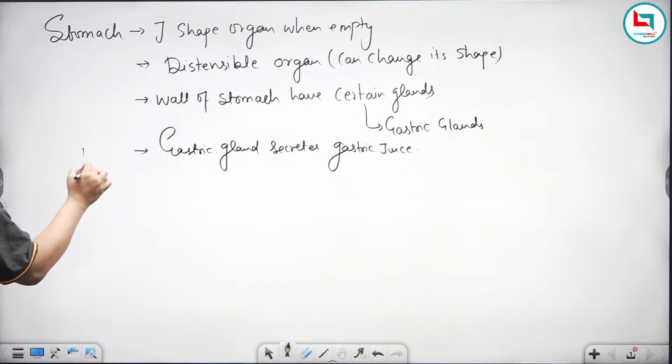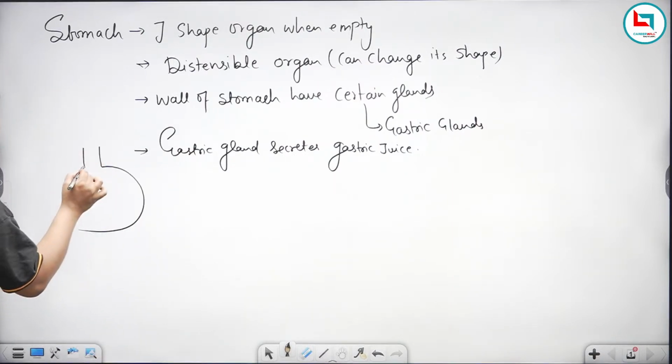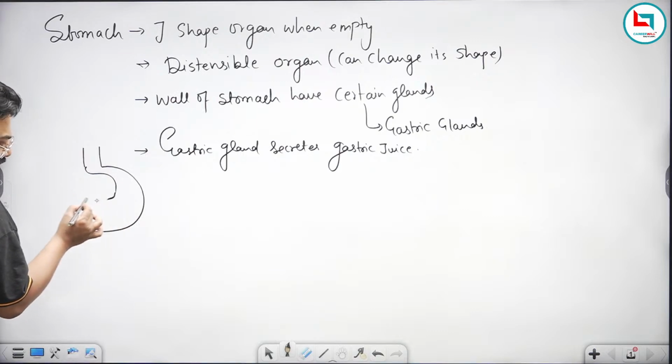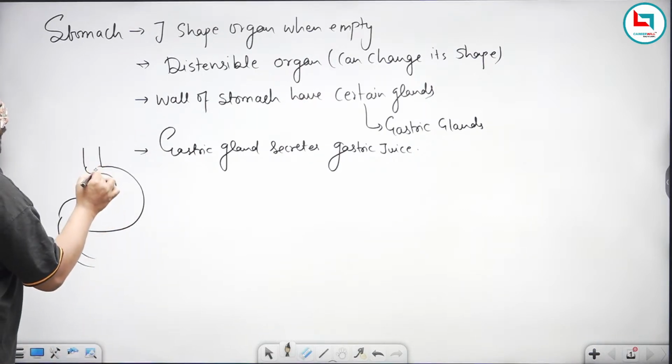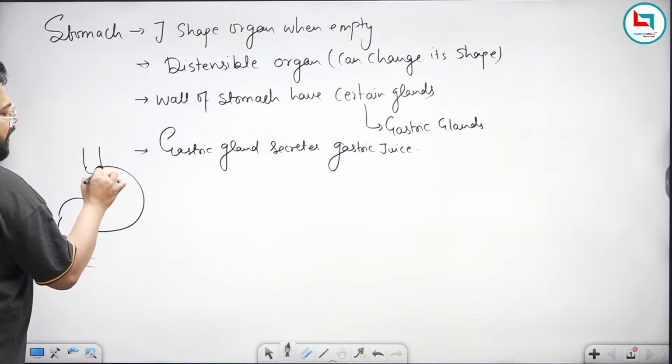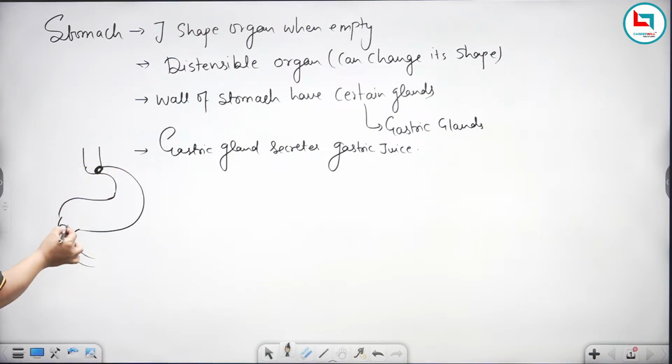Now if we see the structure of the stomach, it looks like a J when it is empty. So we have two different valves over here. Valves are circular muscle structures which prevent backflow or regurgitation.